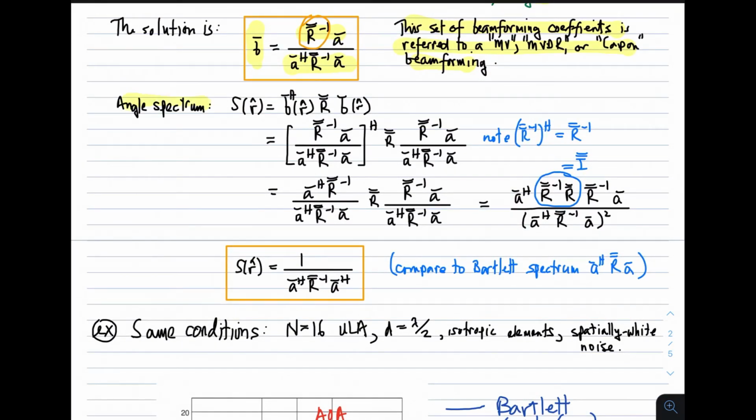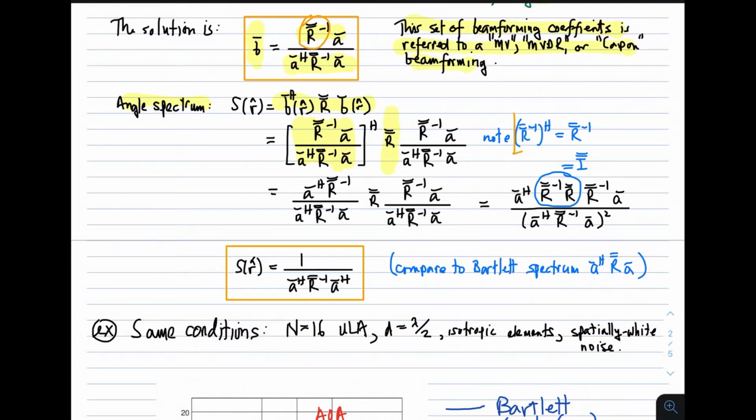The angle spectrum for MV processing can be determined as I've shown here. Here's the angle spectrum for any type of processing, which can be expressed in terms of a beamforming vector. But now we'll substitute the expression for the beamforming vector. So we have the spatial covariance matrix, left and right multiplied by the beamforming vector. And we have many factors here, but this reduces in a fairly straightforward way.